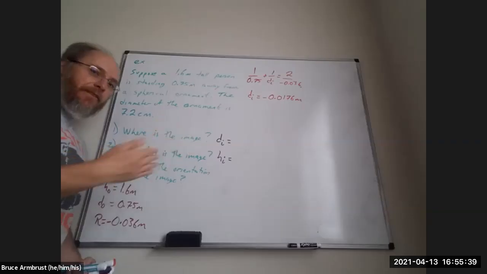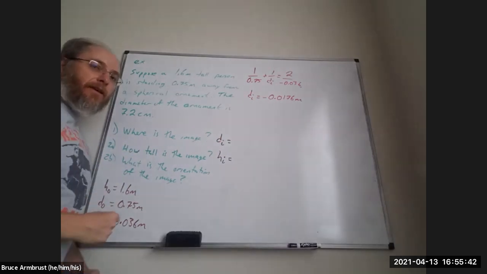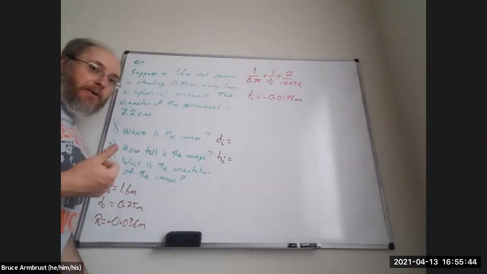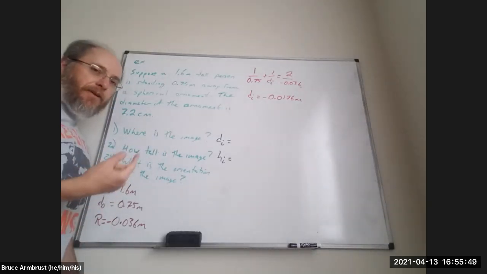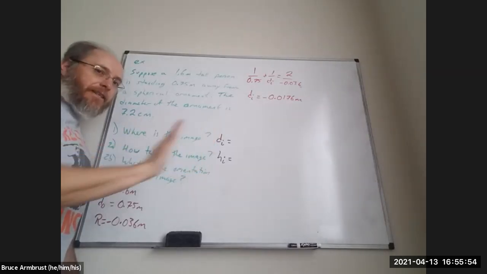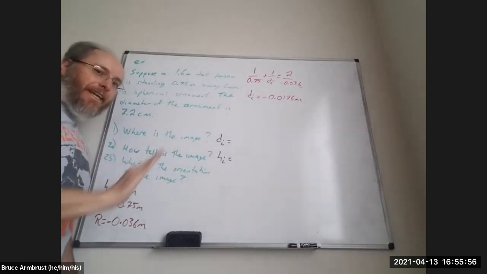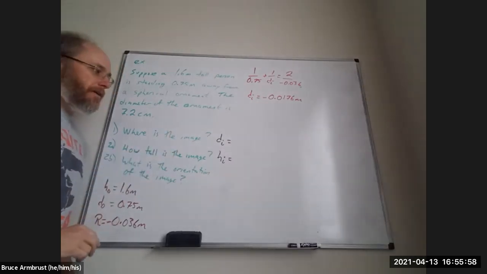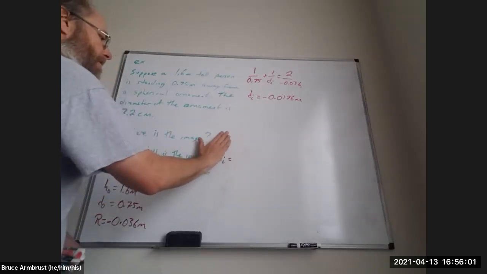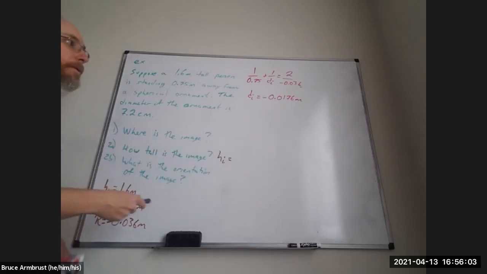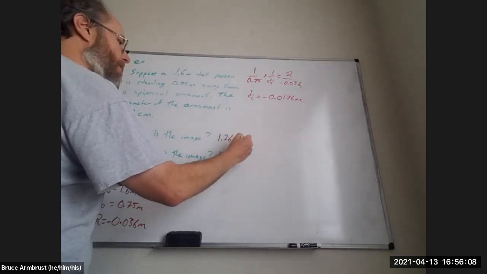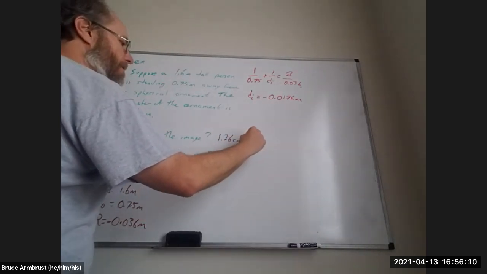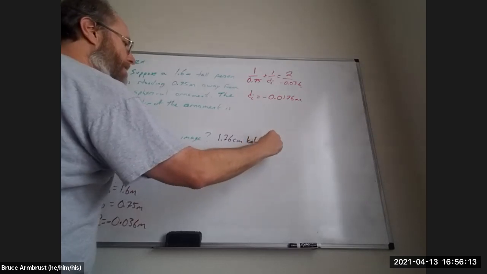Okay, it's inside the sphere, so it's behind the surface. So it's going to appear to you, if you're the person standing here looking at that ornament, as if your evil twin is on the other side of the mirror, meaning inside the sphere, right? So where is the image? I'm going to write 1.76 centimeters behind the mirror.